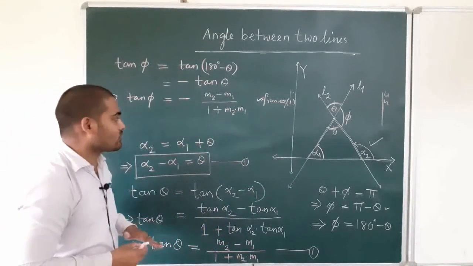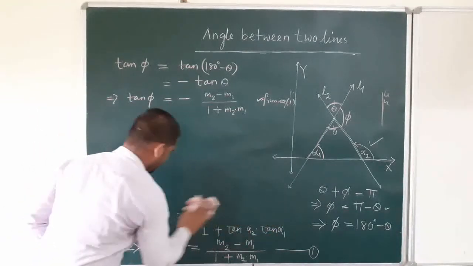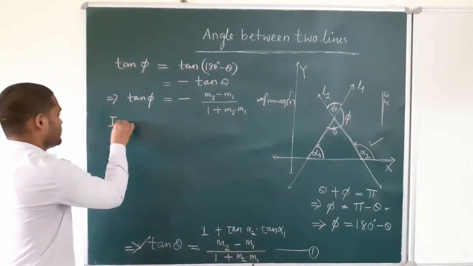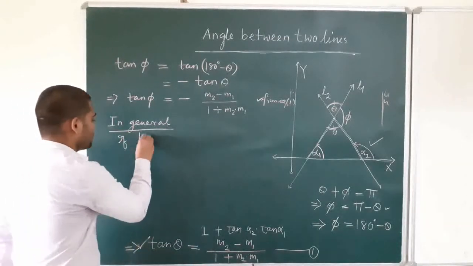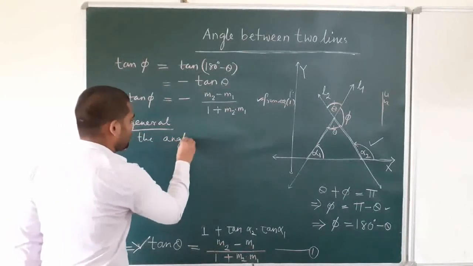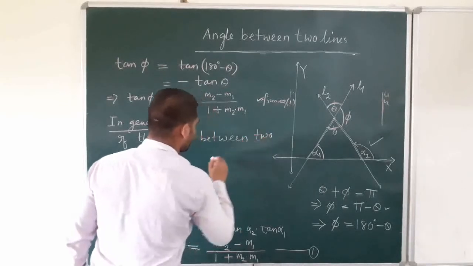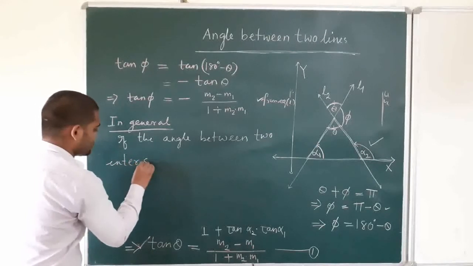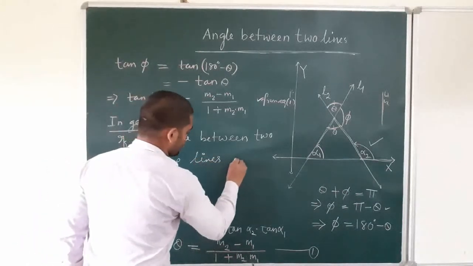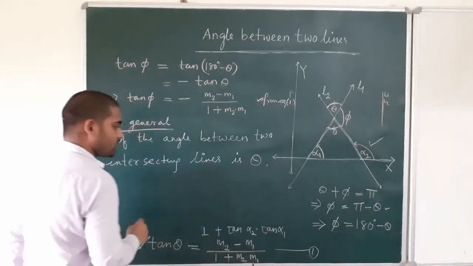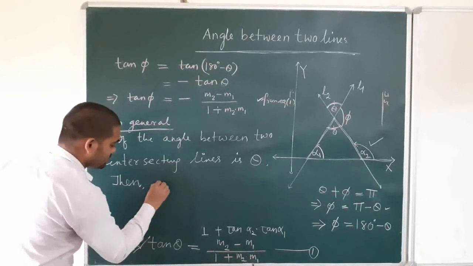So in general we can write now. If the angle between two intersecting lines is theta, okay, then we have tan theta.